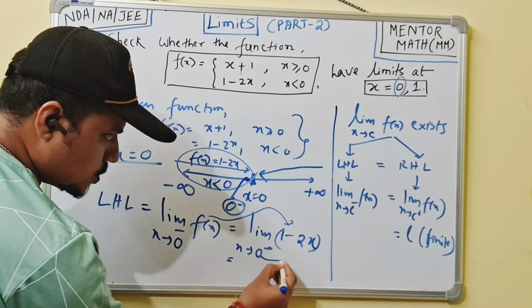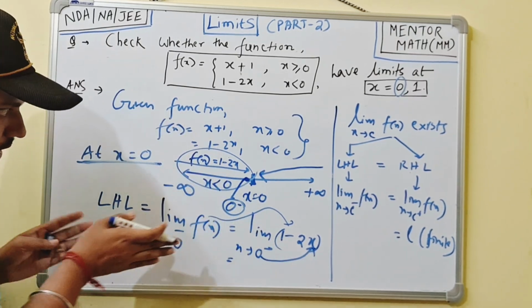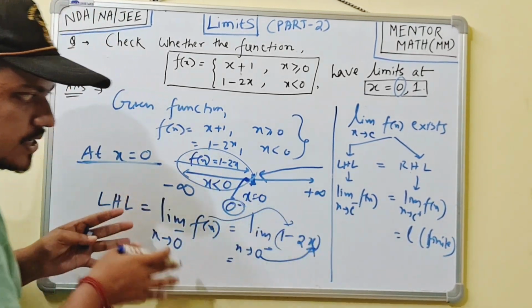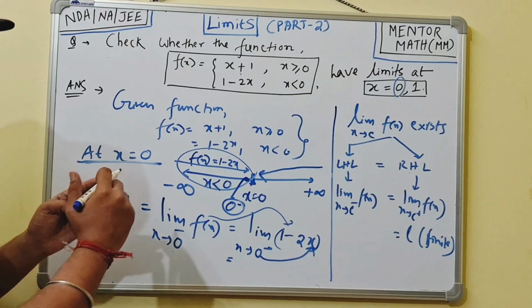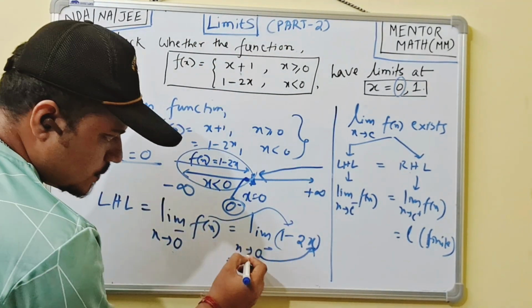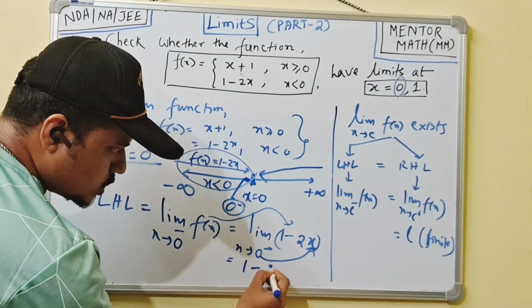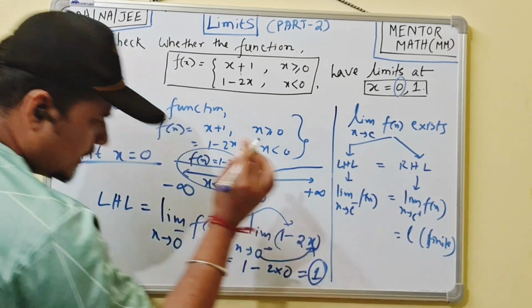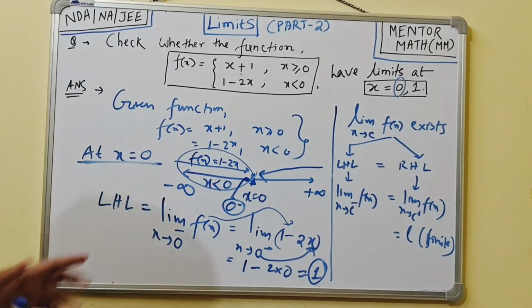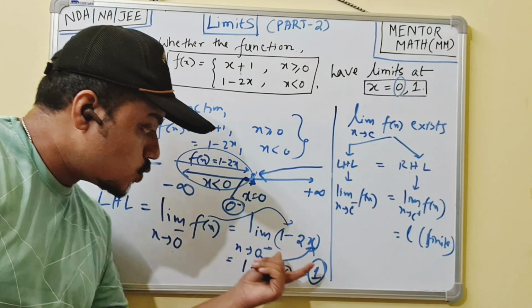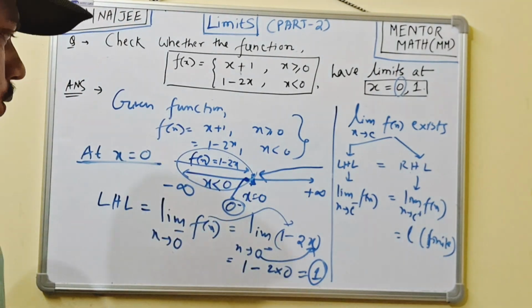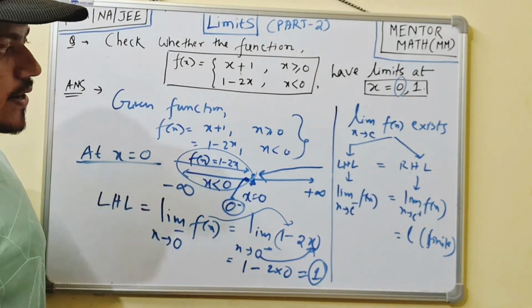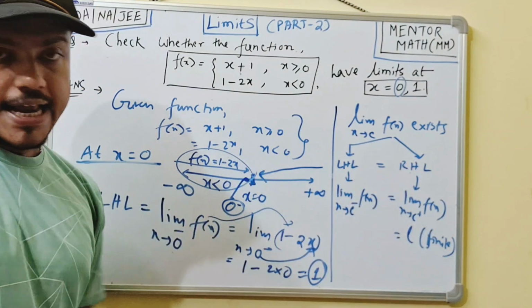Now substitute x replaced by 0. If x tends to 0 negative, you check where the function goes. Put x equal to 0: 1 minus 2 into 0, so the limiting value goes to 1. That is your left hand limit, and its value is 1. Next we can find the right hand limit also.